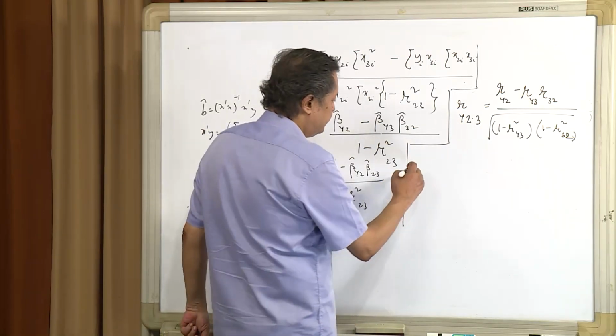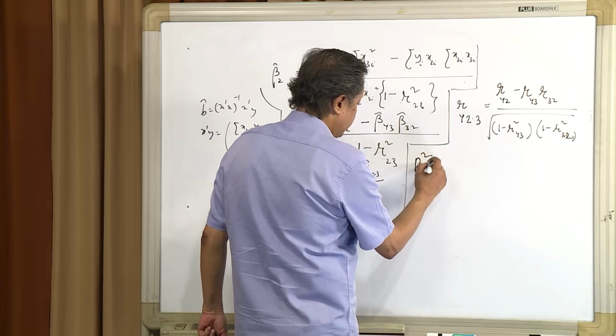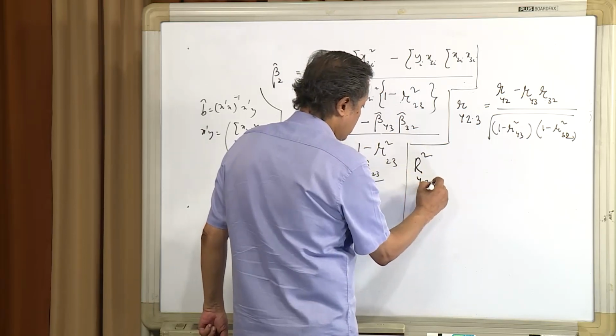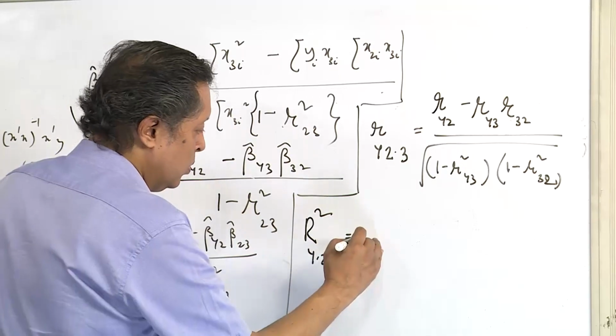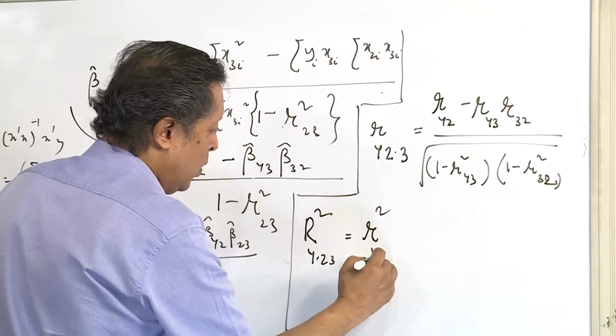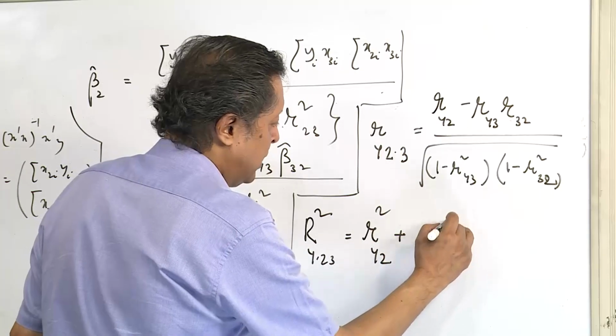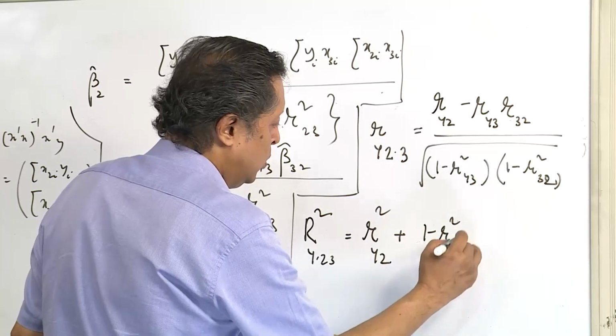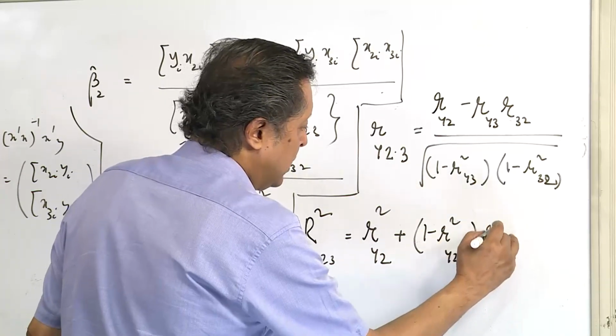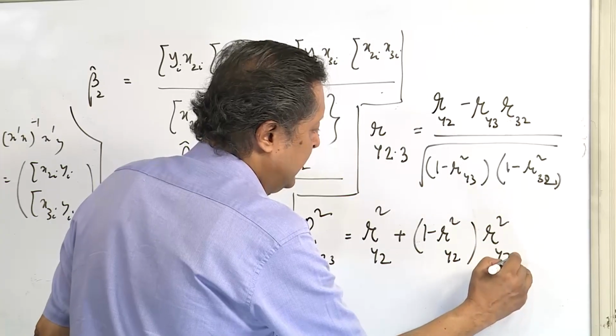Another thing is that r square y dot 2 3 is equal to r square y2 plus 1 minus r square y2 times r square y3 dot 2.